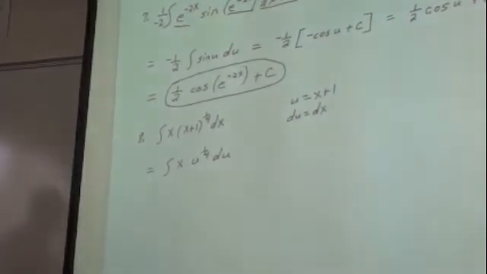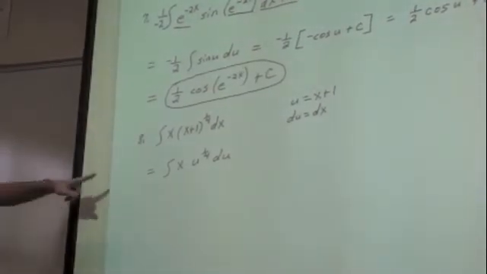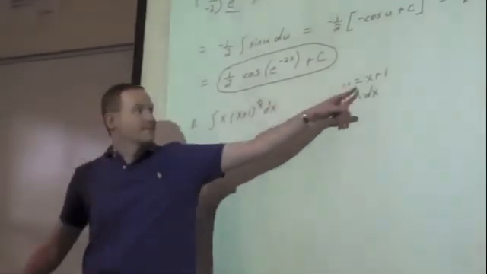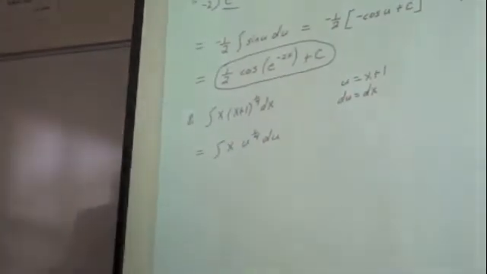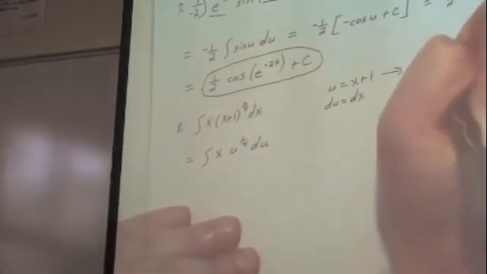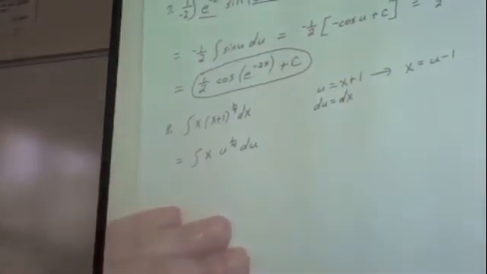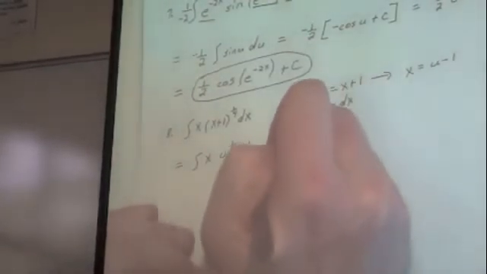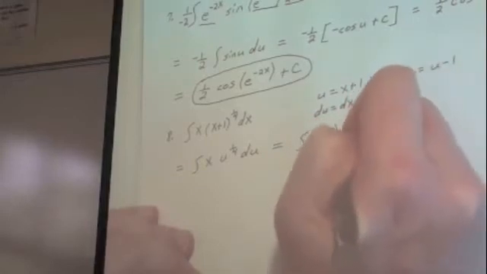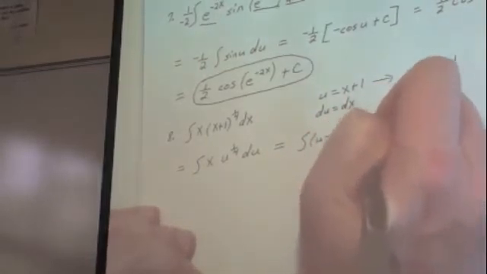We know that that is not allowed. What do I need to do to get rid of this? Right here. So I can say, we know x is equal to u minus 1. So I can say this is nothing more than the integral u minus 1 u to the 1/4 du.